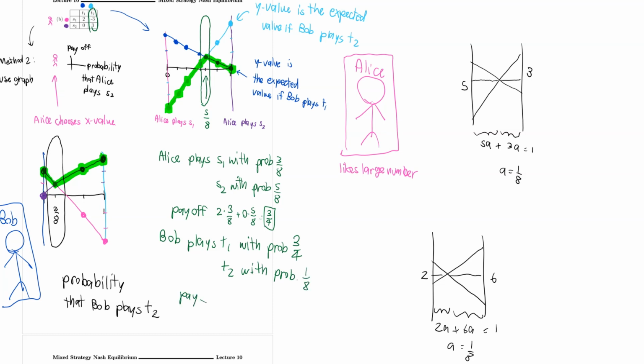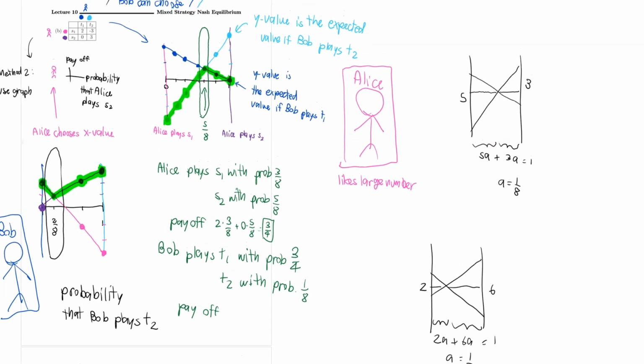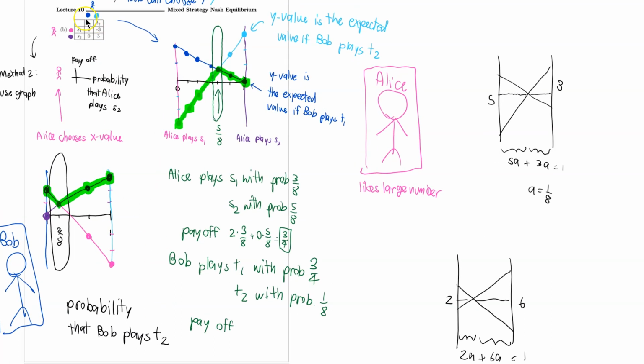And then the payoff. Now, if he plays T1 with probability 3/4 and plays T2 with probability 1/4, so 2/8 should be 1/4, the payoff for Alice is going to be the same for either option.